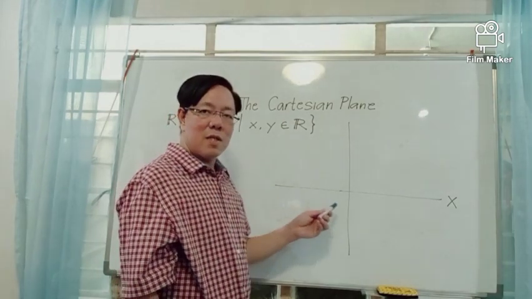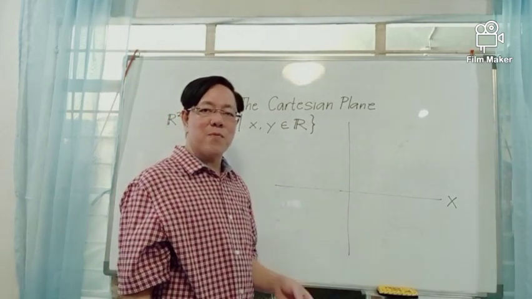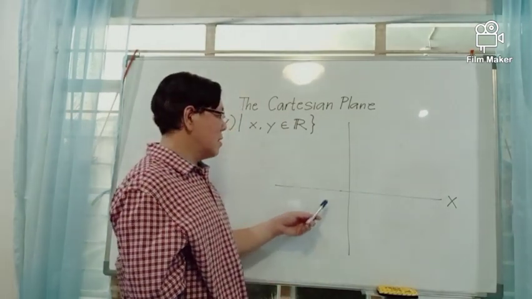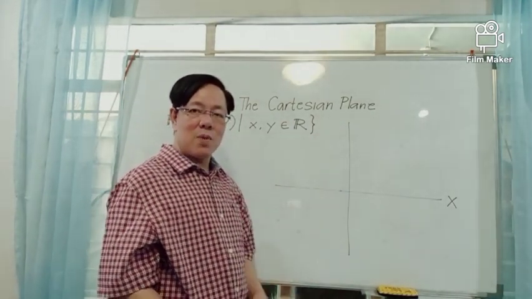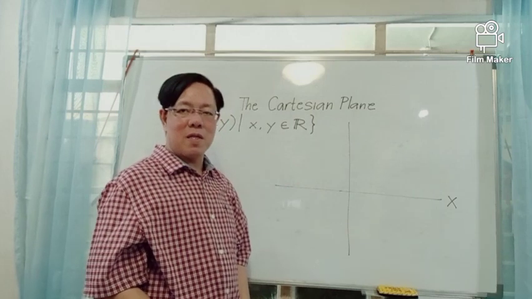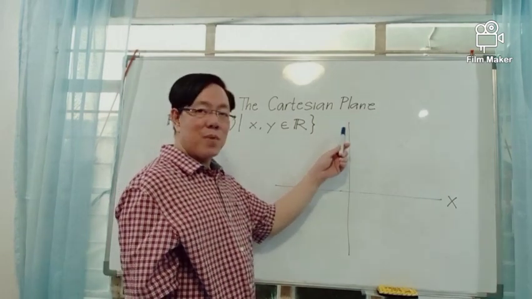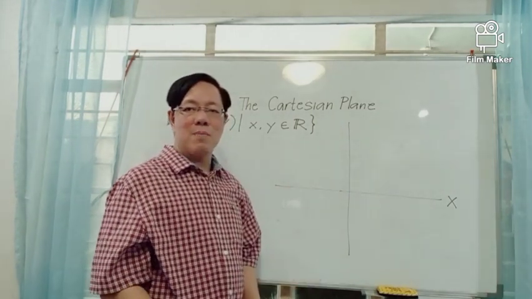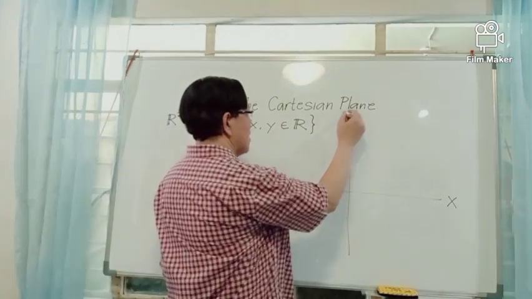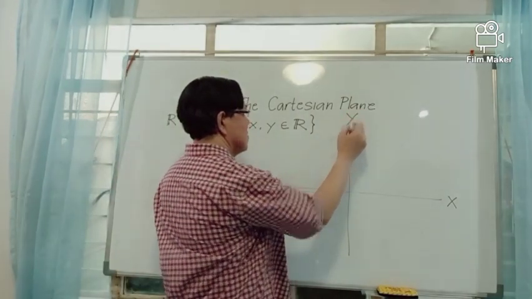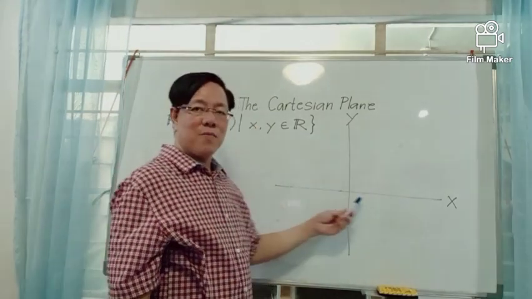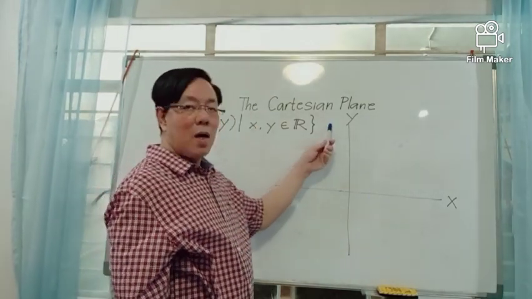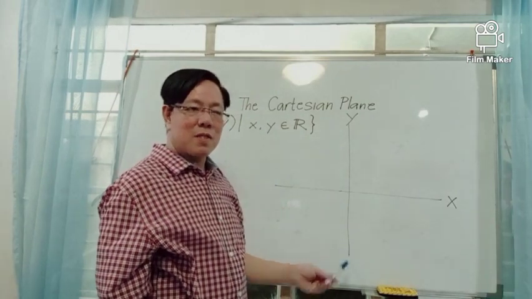In the horizontal axis, we have the set of real numbers. In the vertical axis, we also have a set of real numbers. And the vertical axis is denoted by y. X is a set of real numbers. Y is a set of real numbers.